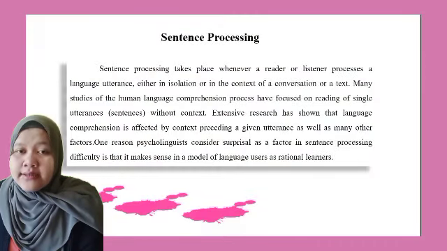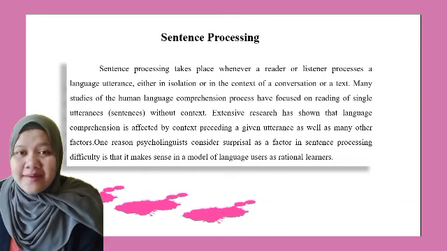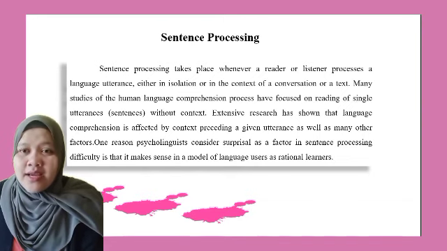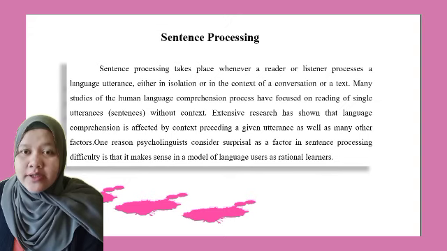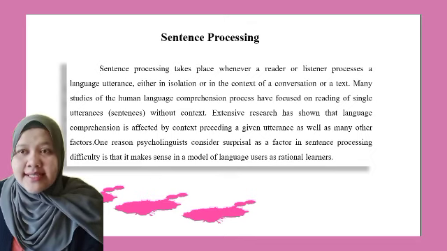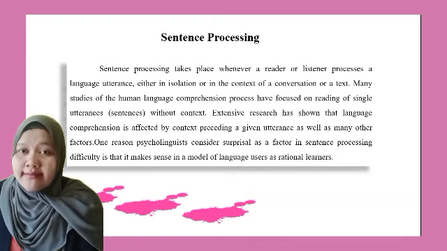And the second is about sentence processing. Sentence processing takes place whenever a reader or a listener processes a language utterance, either in isolation or in the context of a conversation or a text. Many studies of the human language comprehension process have focused on reading of a single utterance or sentence without context.